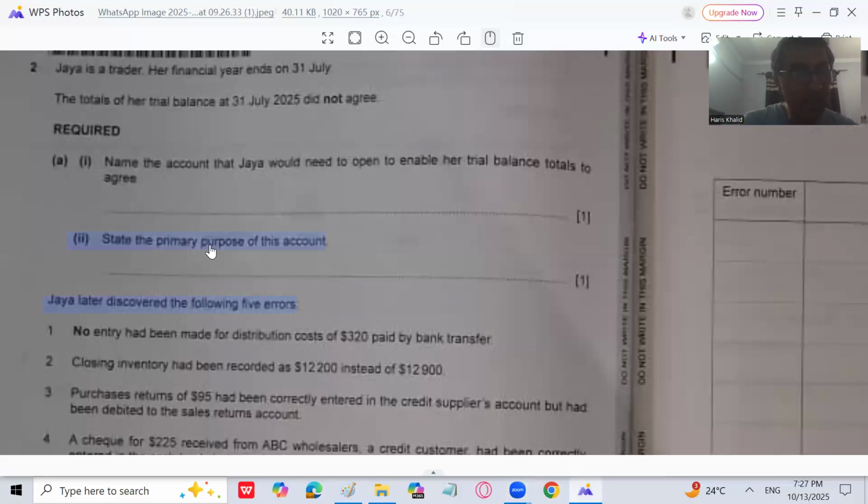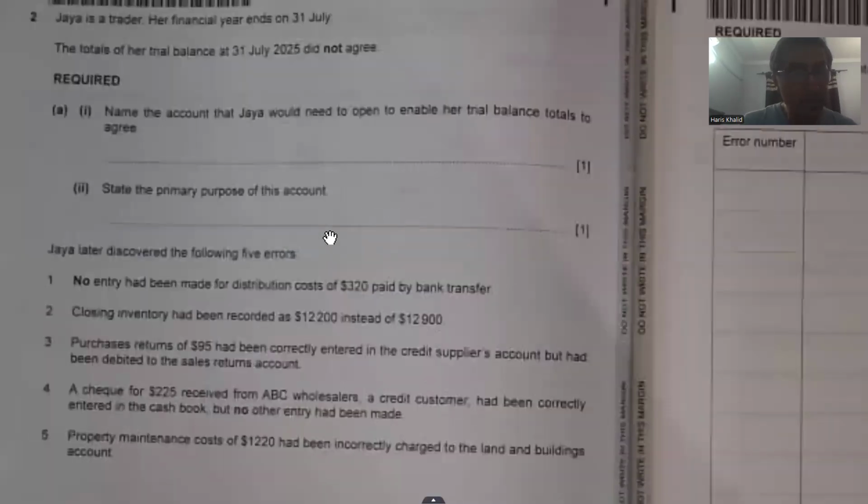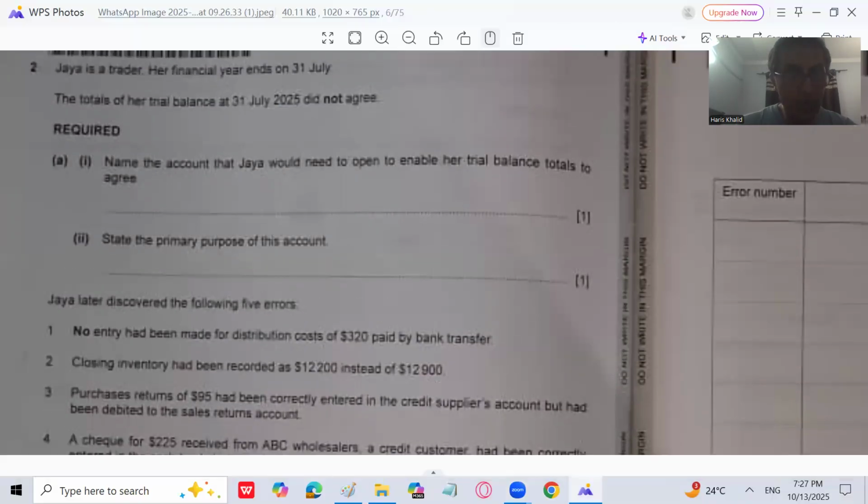Next, Jia later discovered the following errors. No entry has been made for distribution cost of 320 paid by bank transfer. So this is an error of omission, basically, that you didn't pass the entry for distribution cost. Let me pass the entry, which is quite simple.